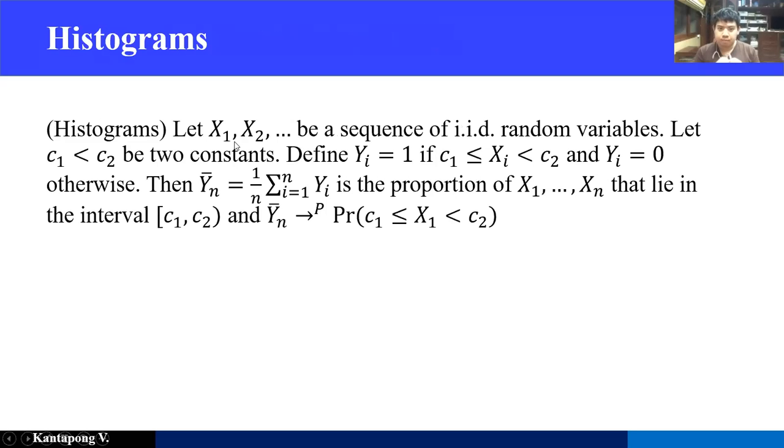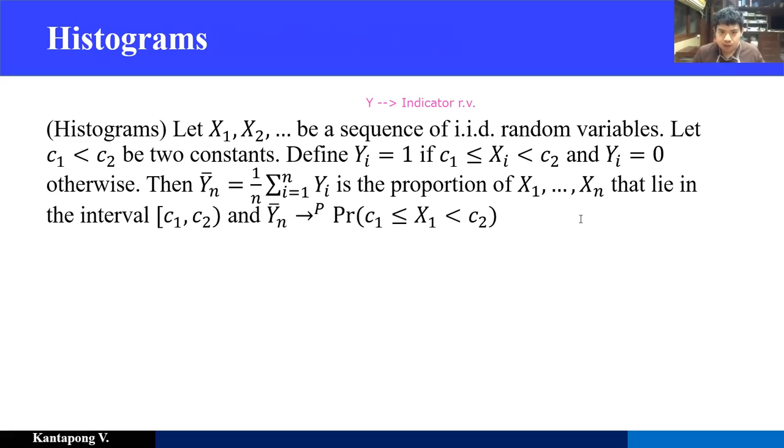And the histogram. Let x1 and x2 and so on be a sequence of IID random variables. Let c1 less than c2 be two constants. Define yi equal to 1 if xi is between c1 and c2, we call this the indicator random variable, and yi equal to 0 otherwise.